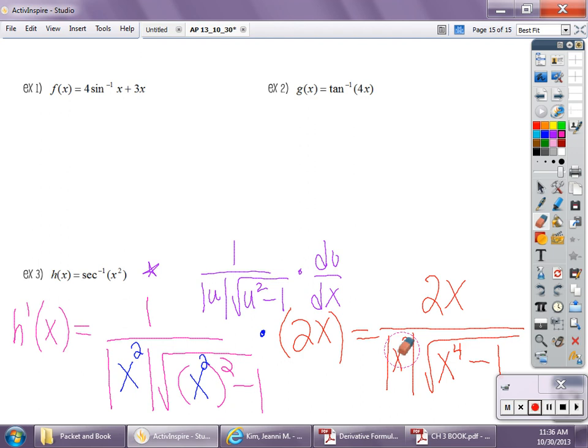You don't need the absolute value anymore because it's always positive. Does that make sense? You don't need the absolute value because when you square a number, what always happens to the number? It's positive, so the absolute value is doing nothing extra.